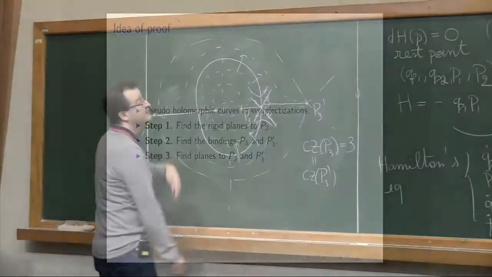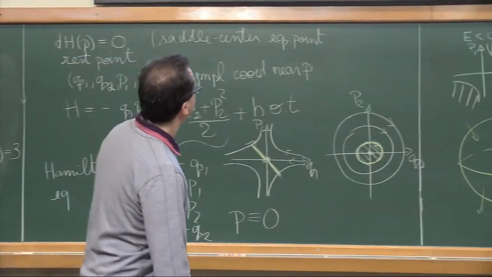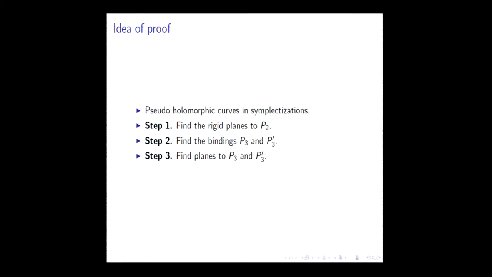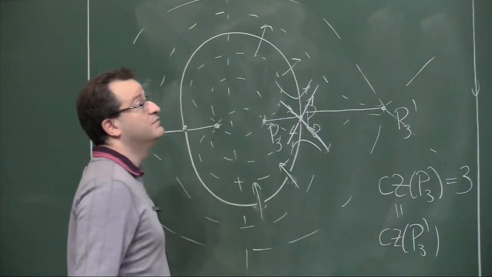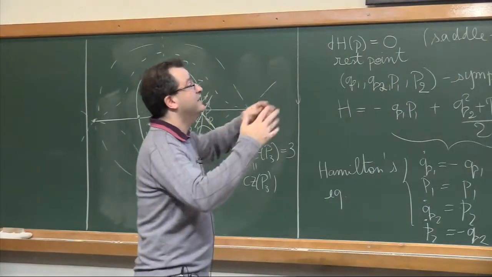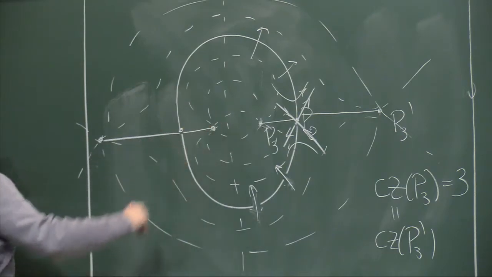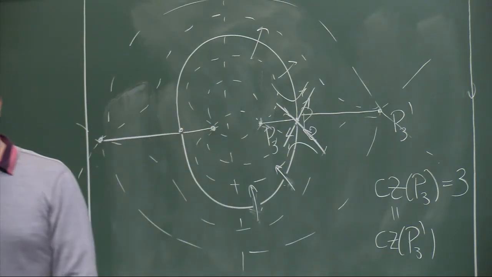Then finding this binding orbit is already there. We have to find these orbits, P3 and P3 prime, on both sides, and then we find this family of planes which behave well. They break into these cylinders, and nothing else occurs.